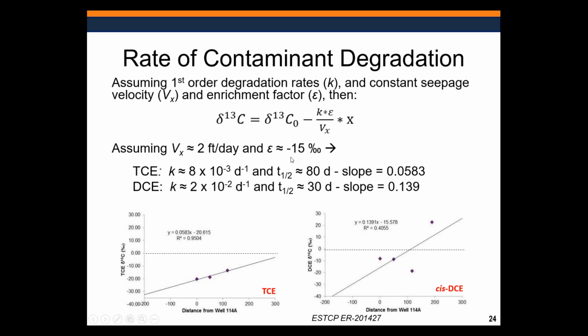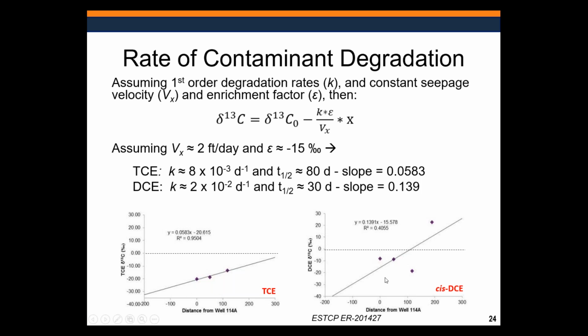As I showed you before, if we assume this is reductive dehalogenation, we had enrichment factors up to -25 per mil. So essentially what we do is plot out a delta value as a function of distance. And of course, this also becomes a time function, because if we make our 2 feet per day assumption, we know what our time is along this flow path.